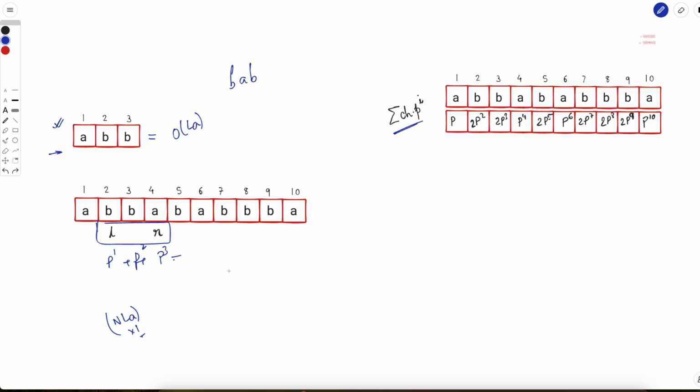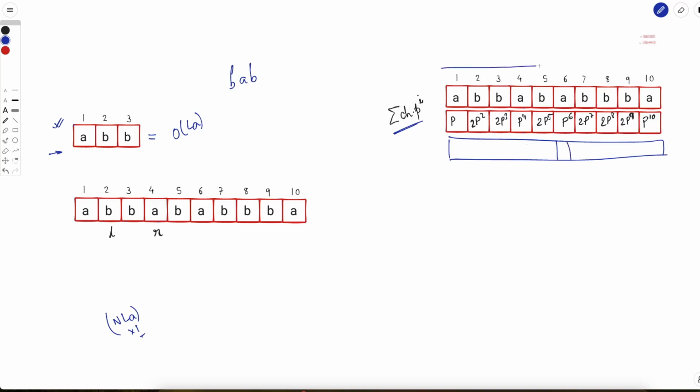So you have to somehow figure out the hash of a substring faster, and because it is summation, the obvious choice is prefix sum. You can maintain a prefix sum of this entire array, where a particular index will denote the sum of everything from 1 to 6, right?